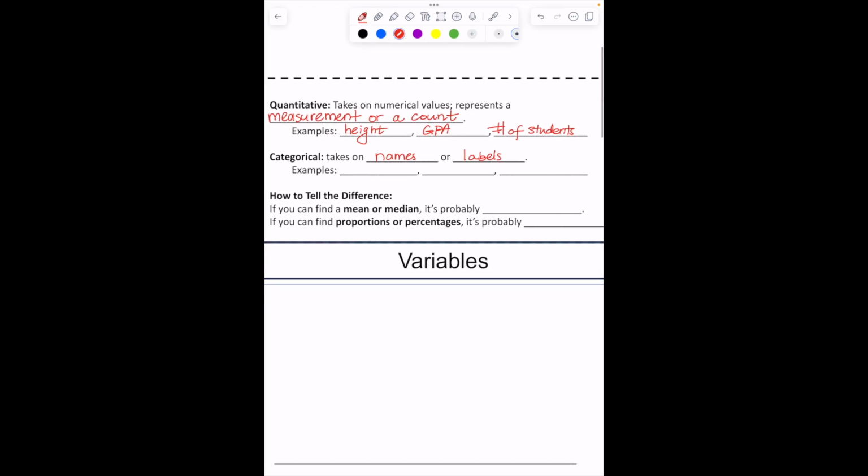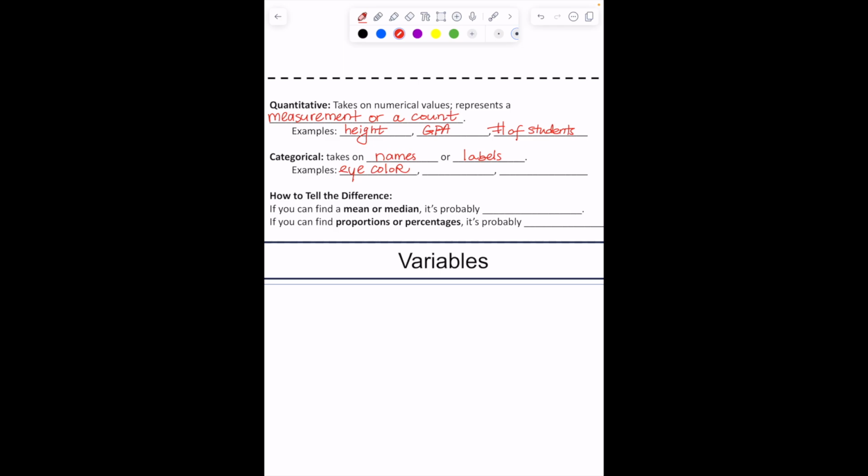And then we have categorical variables. So this is the other type of variable that takes on names or labels. There are literally infinite examples here, but a few examples off the top of my head. Eye color would be a categorical variable. It takes on names or labels. Brown, blue, green, hazel.